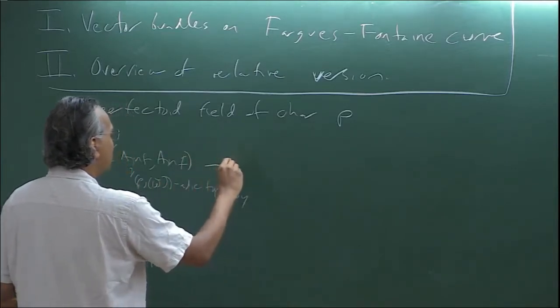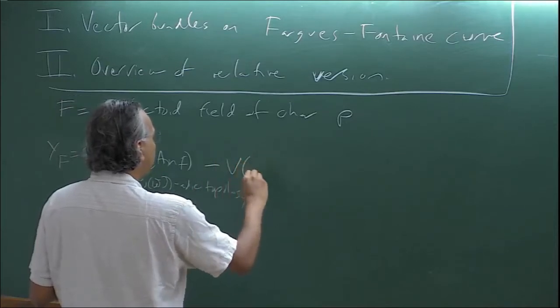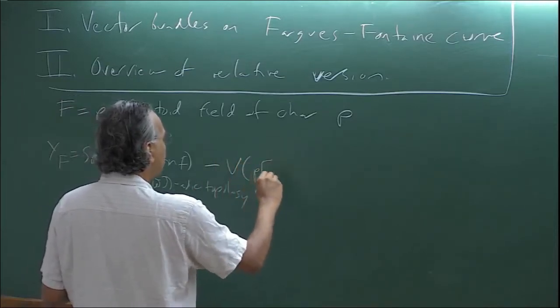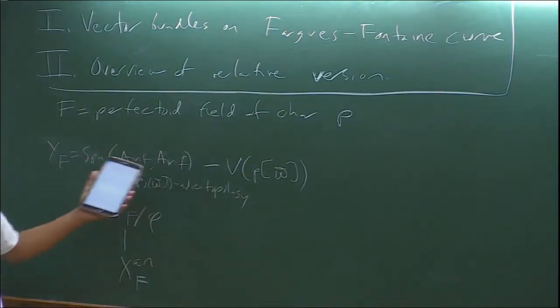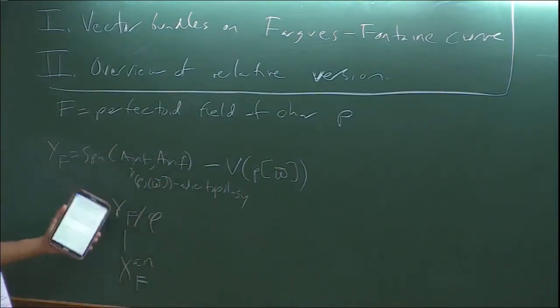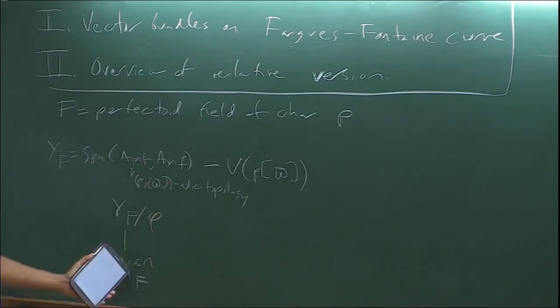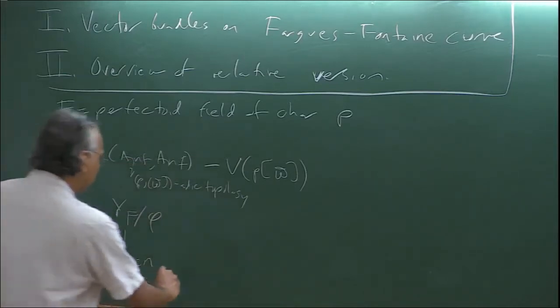And then I took out the vanishing locus of p and of [varpi]. So I took out all the Frobenius fixed points, so now I have a free action of Frobenius. I divided by that to get the adic Fargues-Fontaine curve.